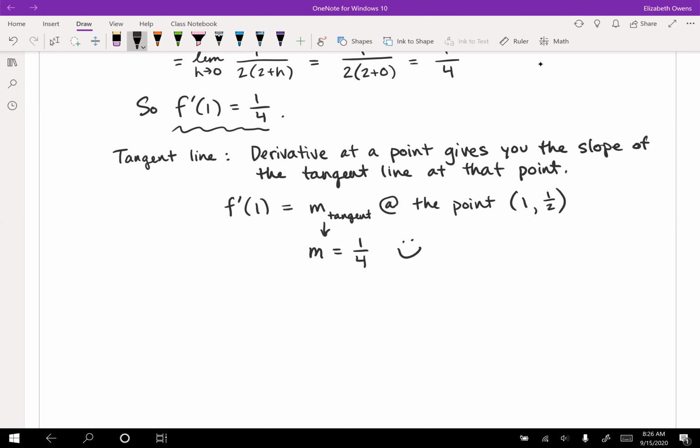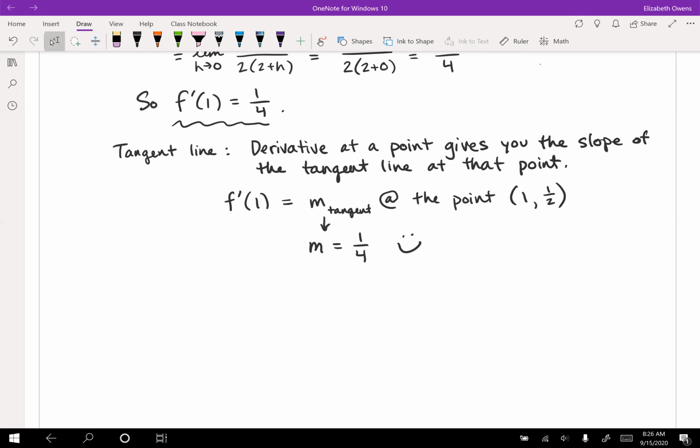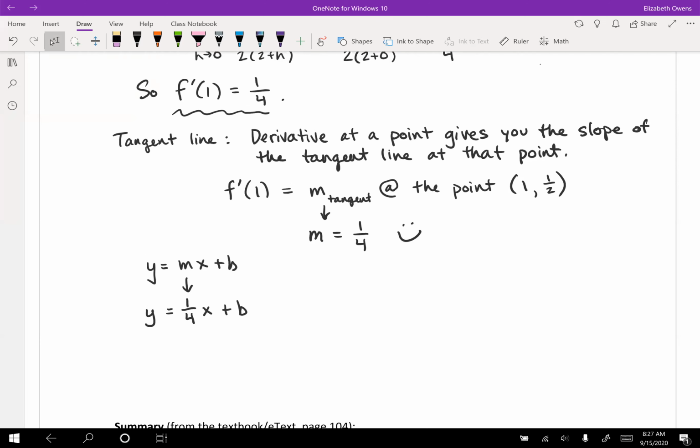Cool. All right, you don't have to calculate anything else there because we already got the slope. Now we can just use y equals mx plus b, put in the m that we found as part of the derivative. Well, it is the derivative, at that point. And then you can put in your point values. y is 1/2. x is 1.